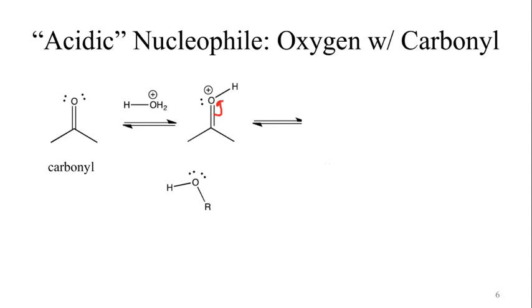That carbon now is positive and doesn't want to be positive, so it can suck some electrons up from our alcohol floating around in solution. The result is that we form that new bond between our alcohol and our carbonyl. We've put the pi bond now onto our oxygen.